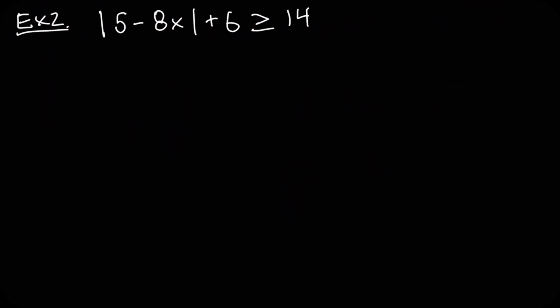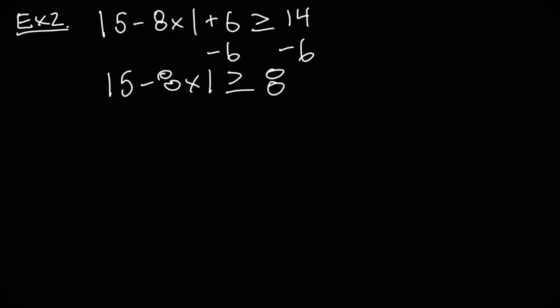Okay, so for our next example, we have the absolute value of 5 minus 8x plus 6 is greater than or equal to 14. So one thing that will make our lives a little bit easier, go ahead and get that 6 over with the other constant. We're left with the absolute value of 5 minus 8x is greater than or equal to 8.